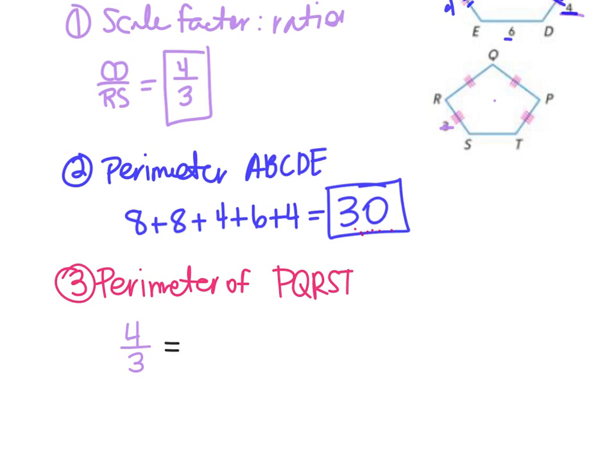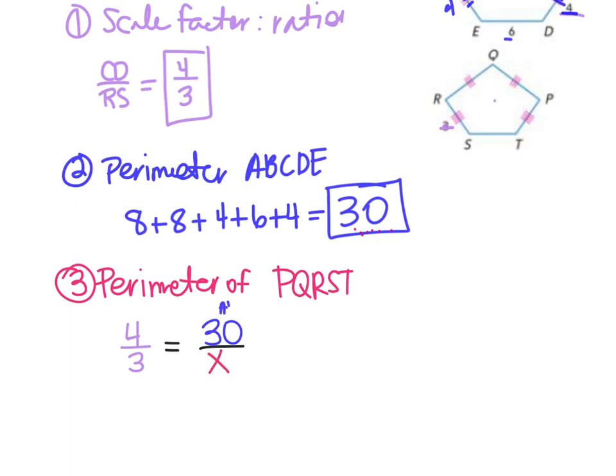That is equal to, or proportional to, the perimeters. So we have the perimeter of ABCDE up top, because remember, our scale factor, we started with CD. 30 relates to ABCDE, so these have to be in the same position. And then we want to find the perimeter of PQRST, X, which is what's missing.